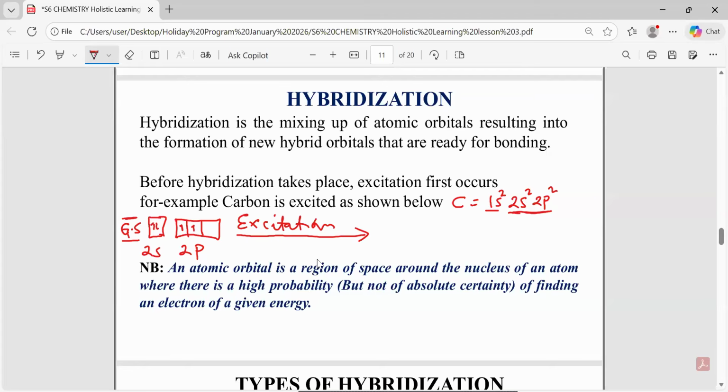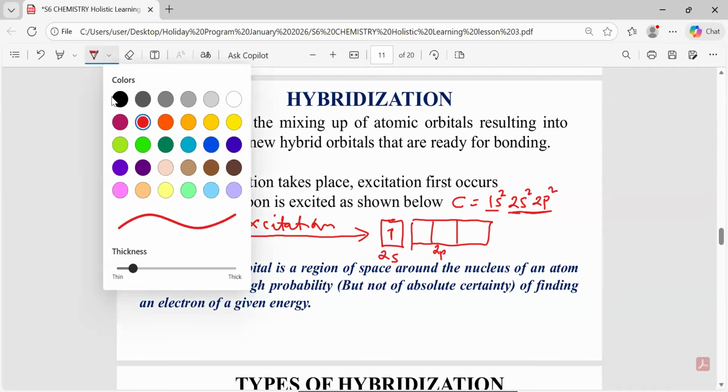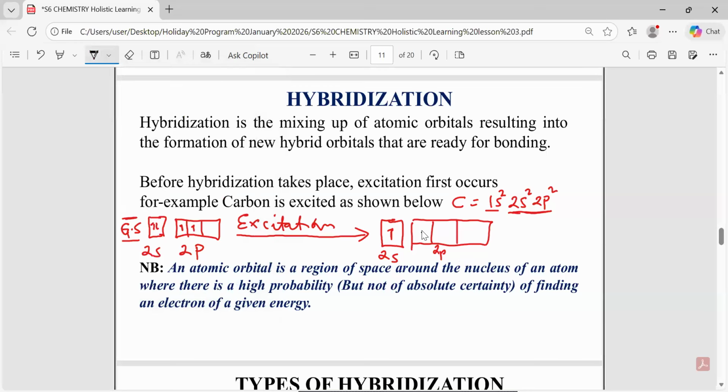So at the end of it all, the s orbital is going to remain with only one electron, isn't it? So this is 2s, and maybe it's better to use a different color so that we can see them.